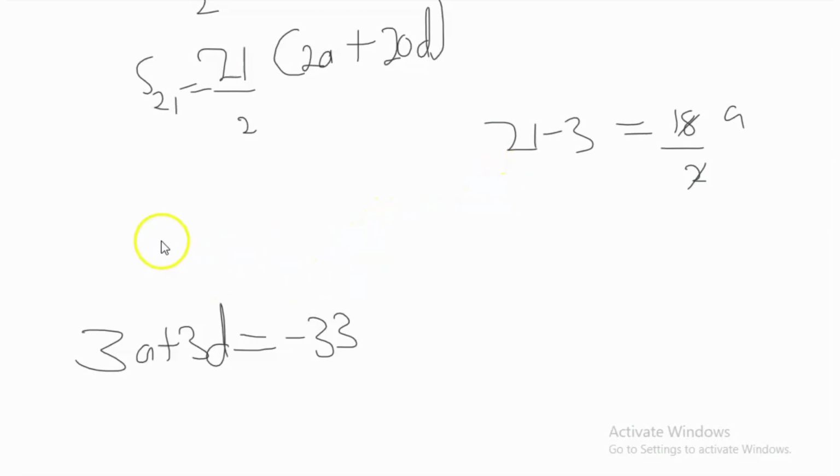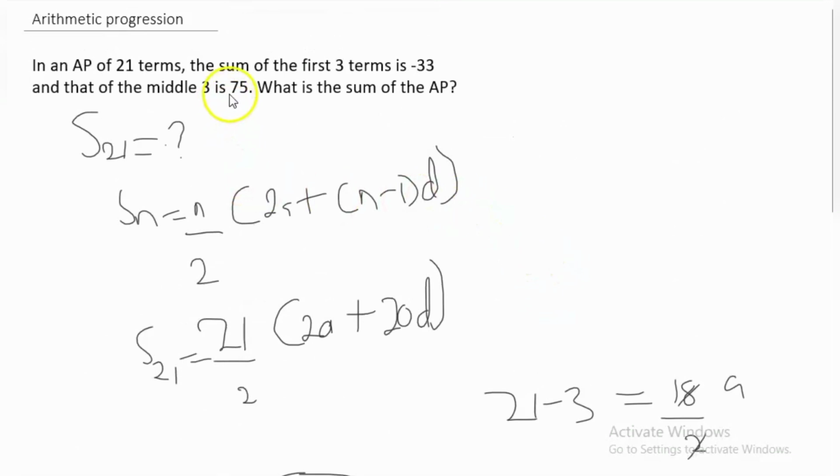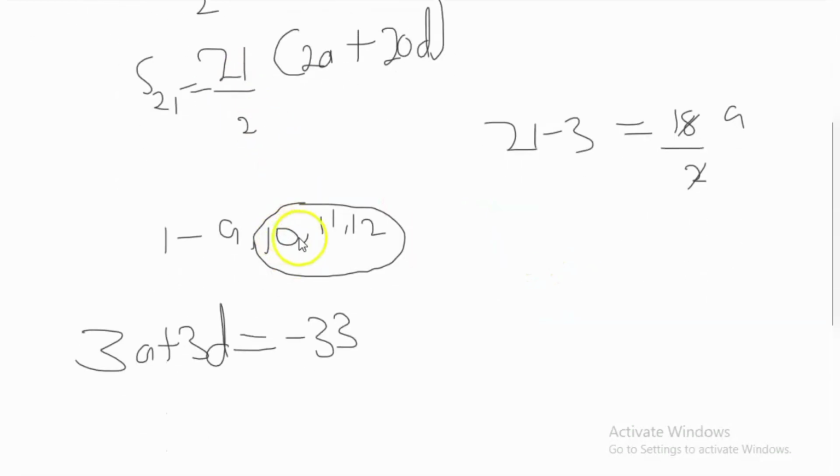So the first 9 terms will be from 1 to 9, meaning that the middle 3 will be 10, 11, and 12. So the 10th term, the 11th term, and the 12th term. Now, if you count from 13 to 21, you would see that it is 9 terms. So if we add the 10th term, the 11th term, and the 12th term, it should give us 75. What's the 10th term?